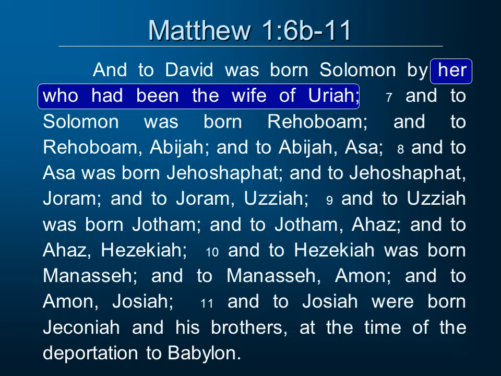Now, there have been a number of cases where brothers were born, but here it's mentioned, and this was at the time of the deportation to Babylon. And so because the genealogy pauses and mentions the brothers, we need to pause for a moment and mention them too.